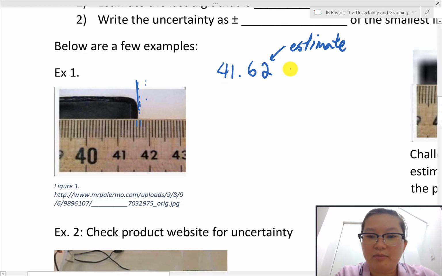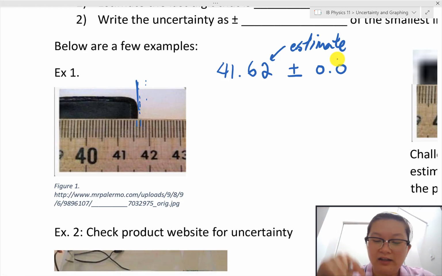We're going to write a plus minus, and because it's the last digit that we're not sure of, we use this convention in physics, it might be different in your other courses, but in our class, our uncertainty is going to be half of the smallest increment on your measuring device.